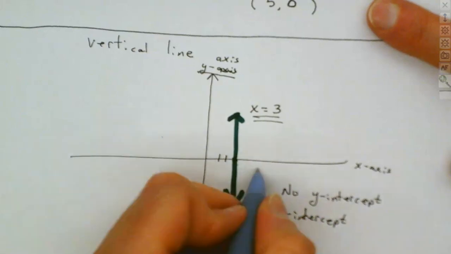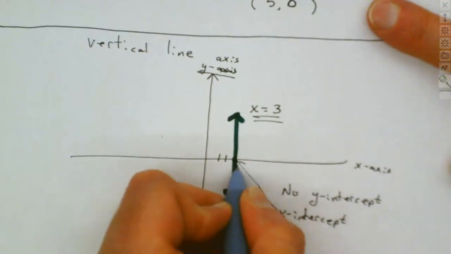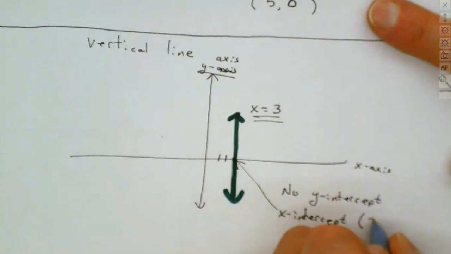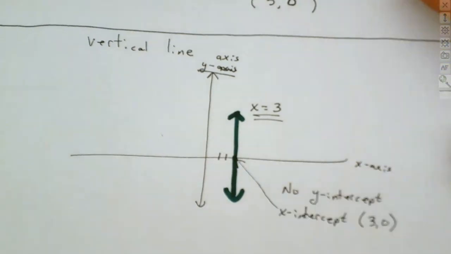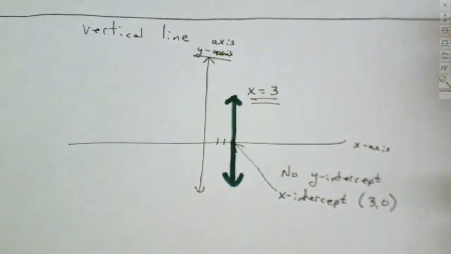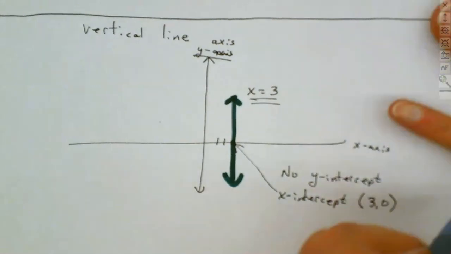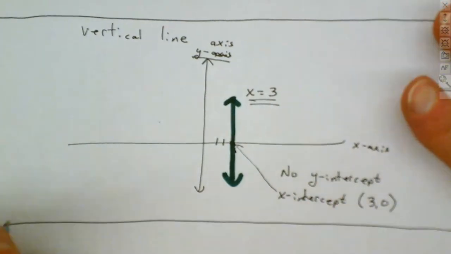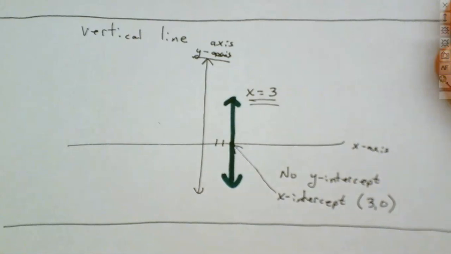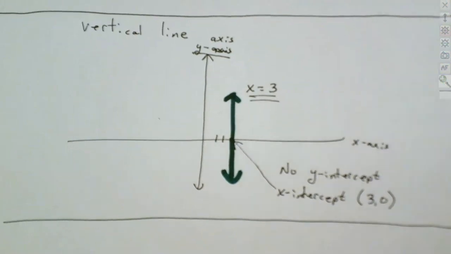The x-intercept would be right there, and as an ordered pair, it would be 3, 0. So a vertical line is an x line, because that's the axis that it crosses. It has no y-intercept, but it has an x-intercept.